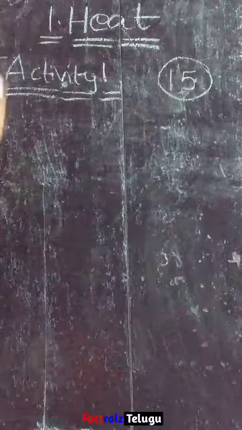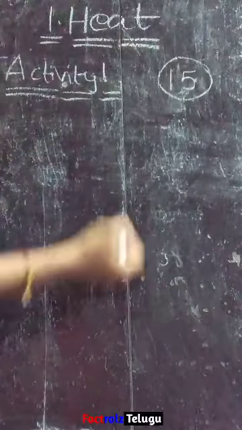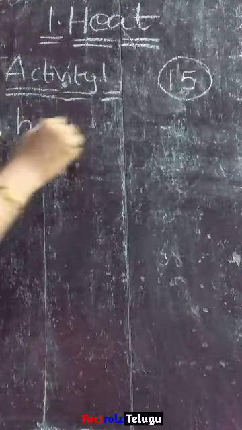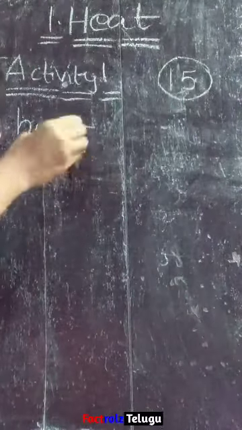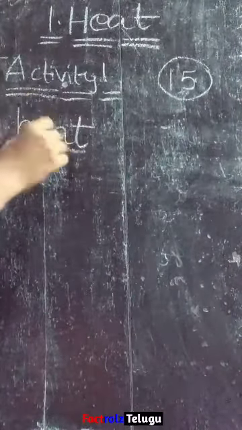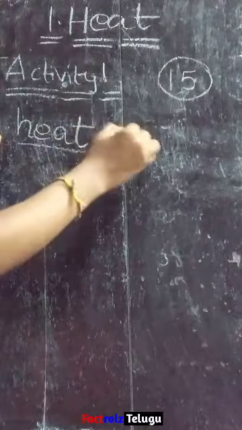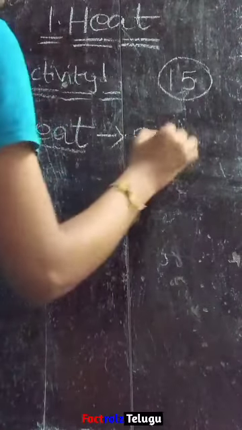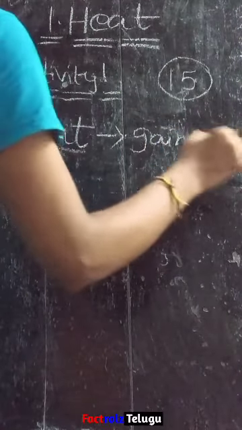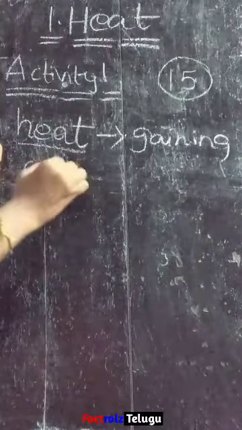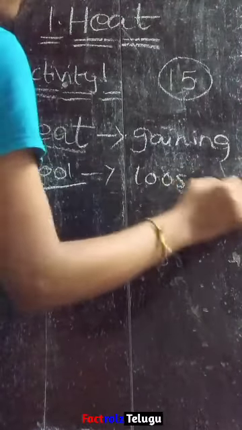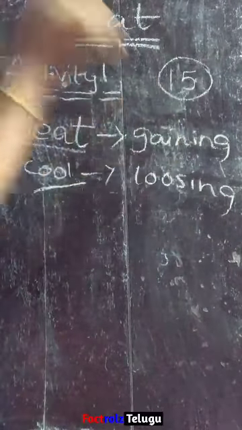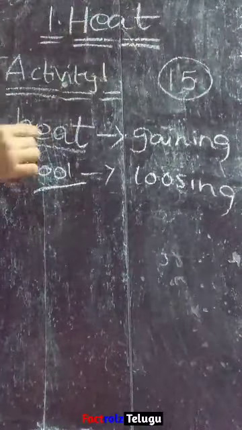The main point is, when any body is heated, I have already said that heat is a form of energy, so it is gaining. Just remember the gaining. And if any body is cool, it is losing. They are just gaining and losing energy, that is heat energy.